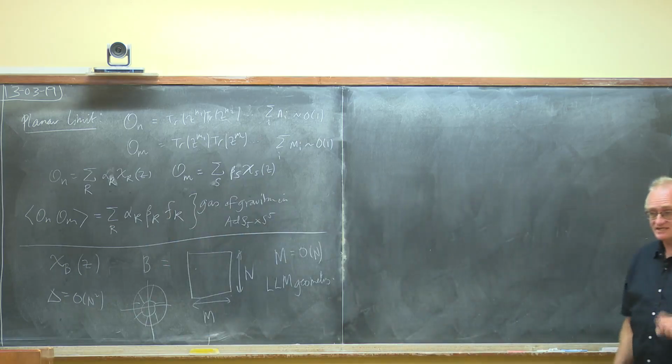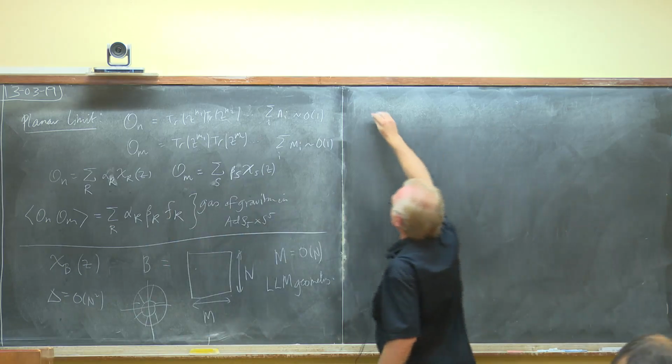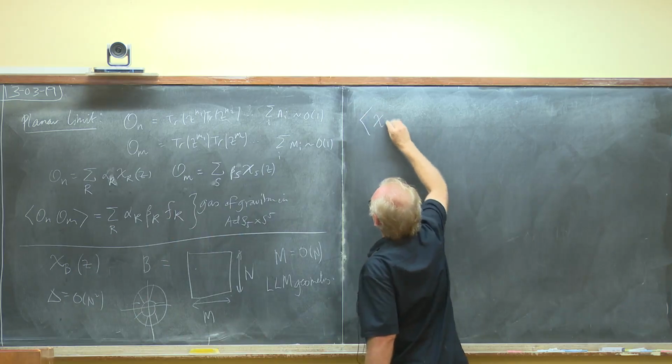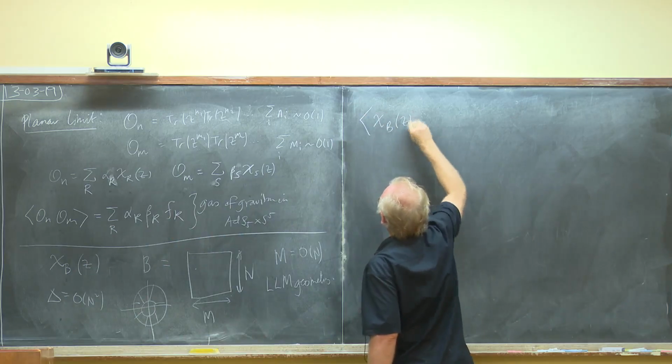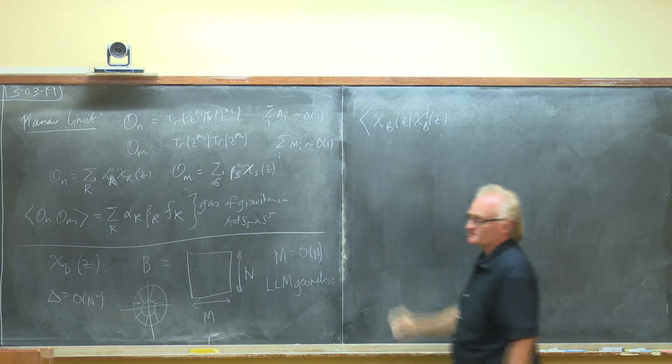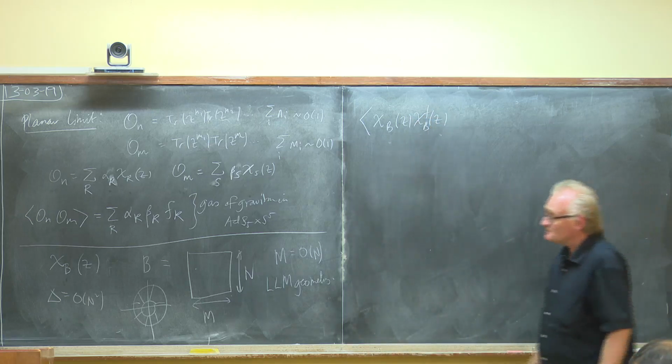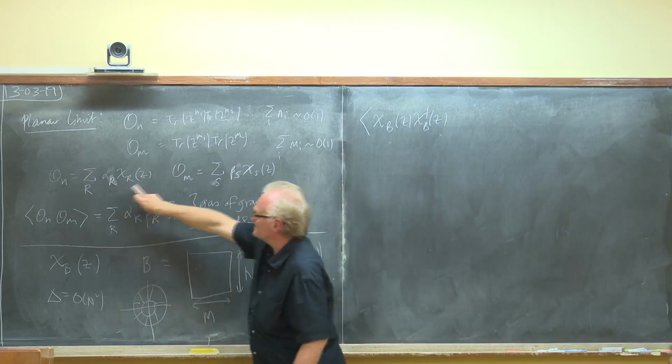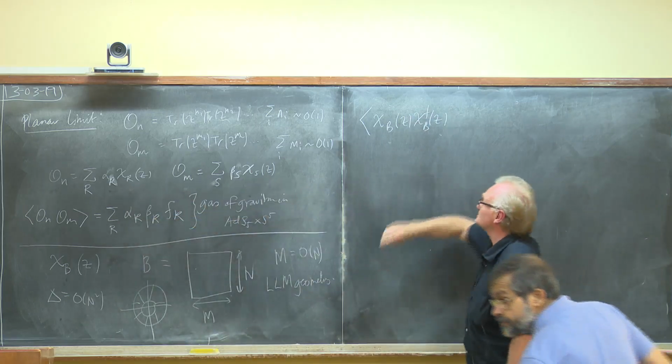And the correlator that I want to study is this. So I'm imagining that chi b and chi b dagger are inside here to create this big background. Now I'm going to take my operators representing these gravitons.